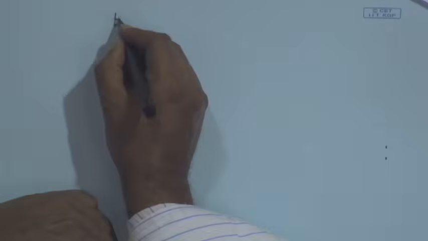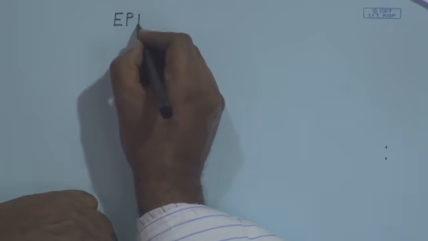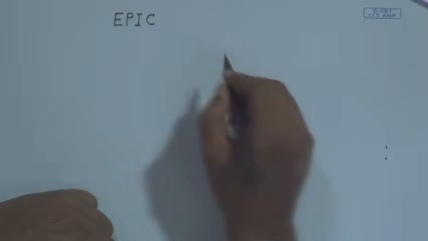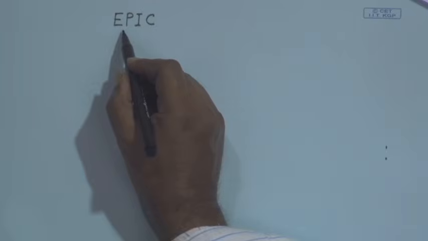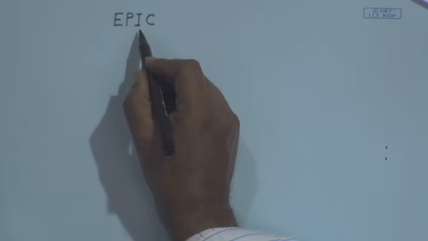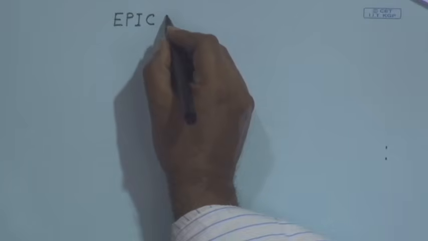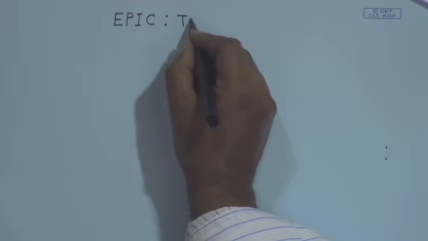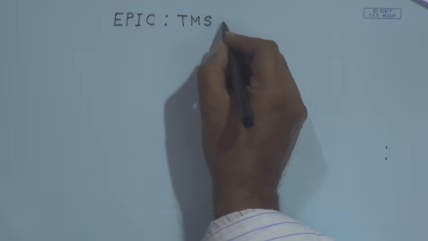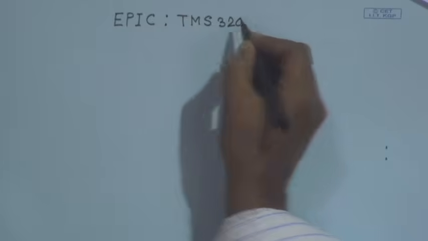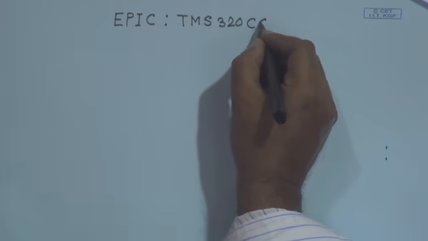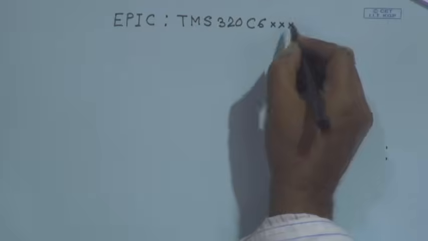Now, one very popular approach is EPIC, which stands for explicitly parallel instruction code, which was used by the TMS 320 C6 series, a very popular DSP chip.